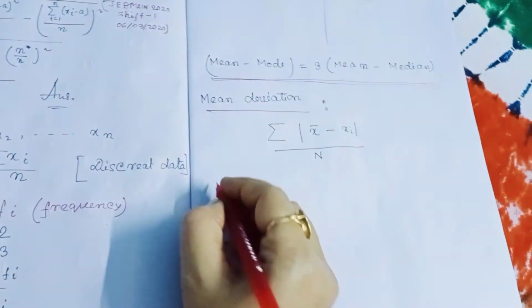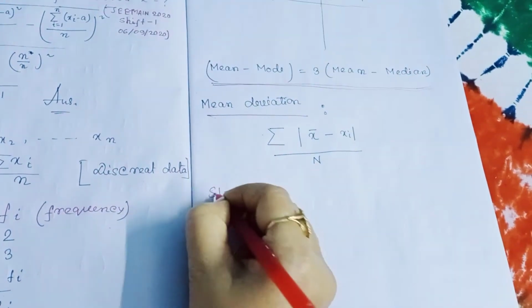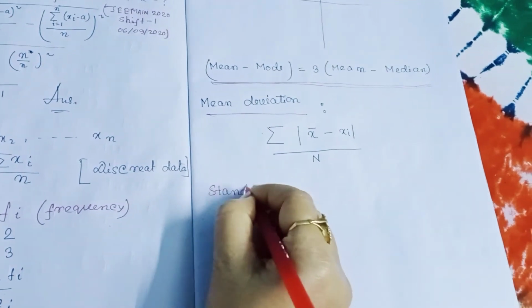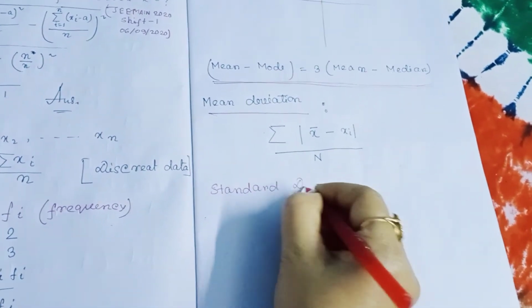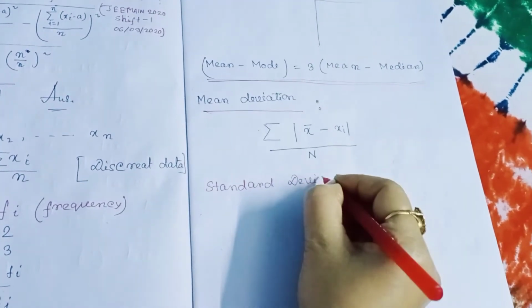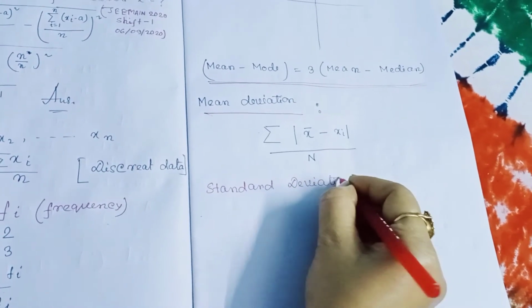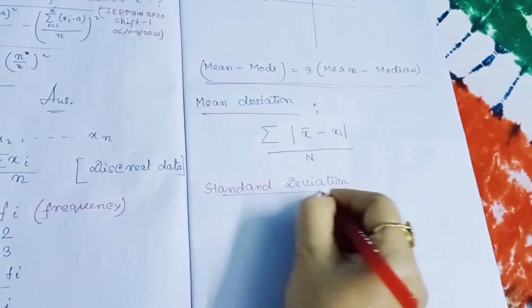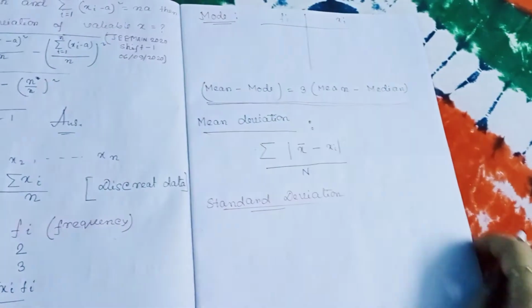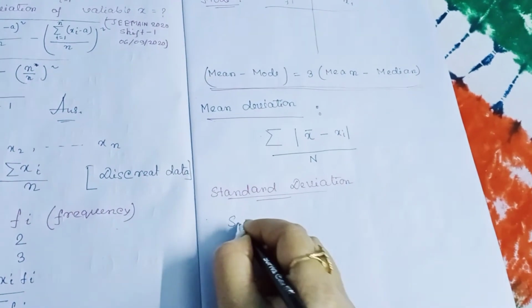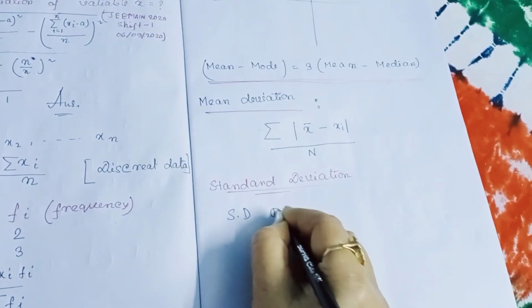And another one is standard deviation. Standard deviation, that is called SD, and everybody knows that standard deviation is denoted as sigma.